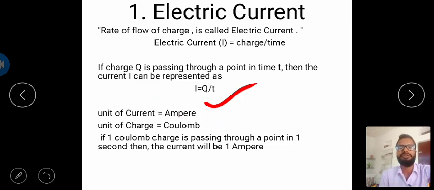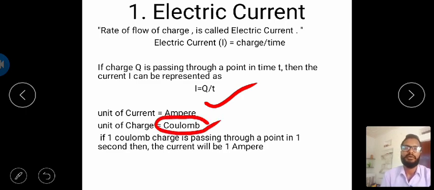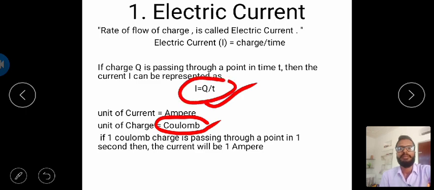And the unit of charge is coulomb. So according to this, what can be the definition of 1 ampere current? We can define 1 ampere current as 1 coulomb charge upon 1 second. So the current will be 1 ampere.